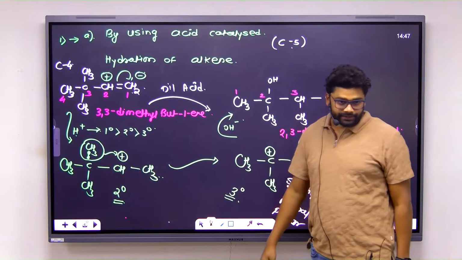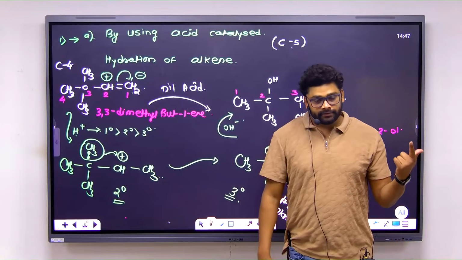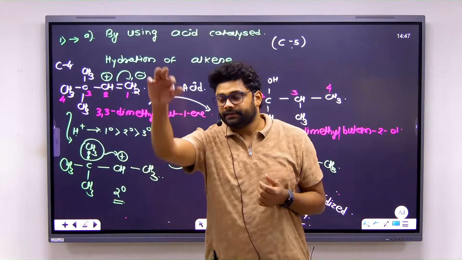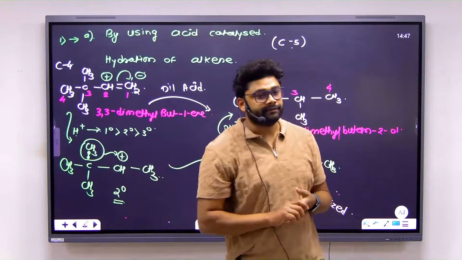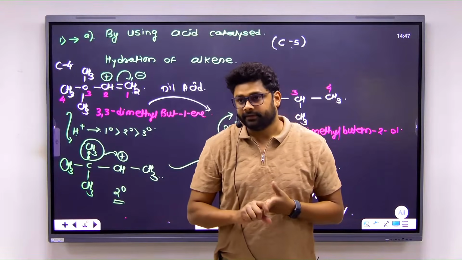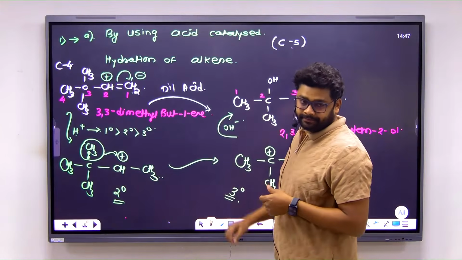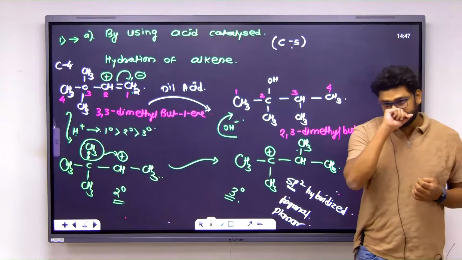Do you remember this SN1 mechanism? Yes? What mechanism? SN1. OH minus can attack it from both sides, right? Front side as well as back side. So stereochemistry is what? There is a racemization.